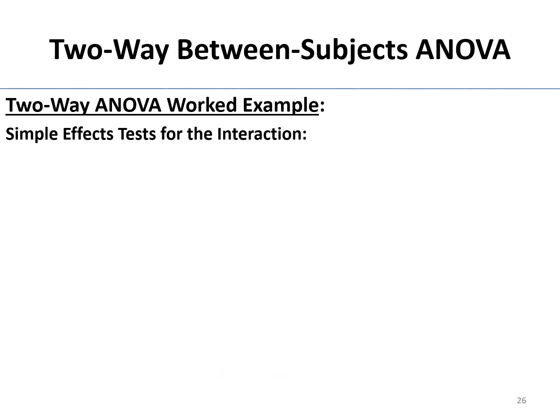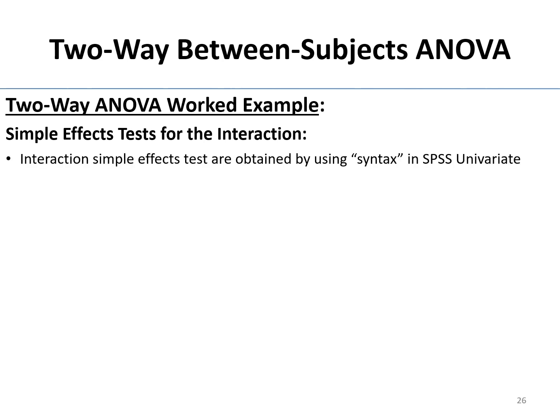So let's talk about simple effects tests. We're getting there. So interaction simple effects tests, you get them through something called syntax. So you get to syntax by going into SPSS, picking your menu items, and instead of clicking OK, you hit paste. And if you hit paste, it's been secretly writing code behind your back the whole time you've been using SPSS. And so it actually will just export your code.